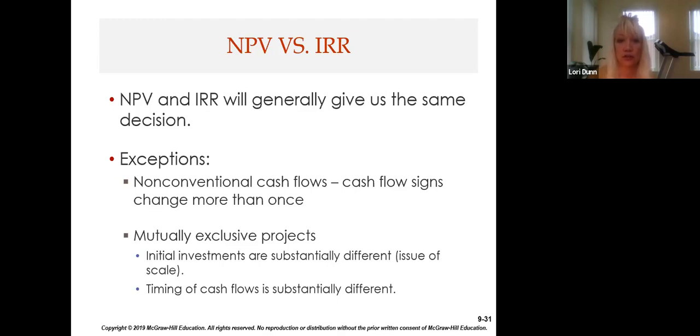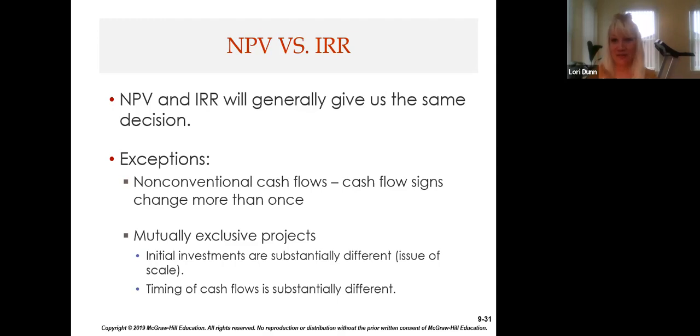Another is mutually exclusive projects. That's where you can only do one project or the other. The example they give you in the book is a great example: you're going to go to law school, and you could either go to Harvard or Stanford.